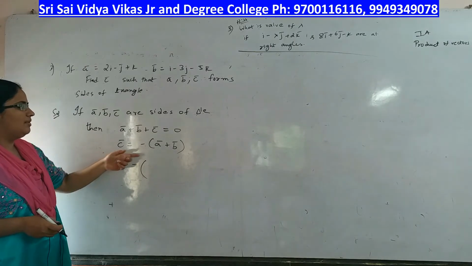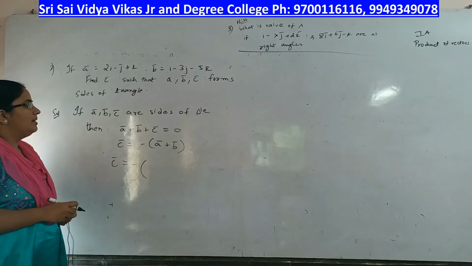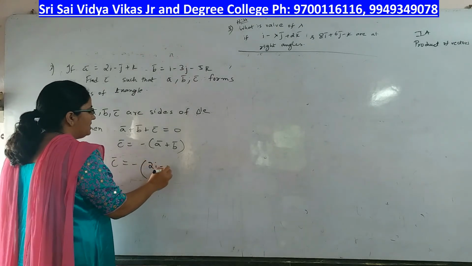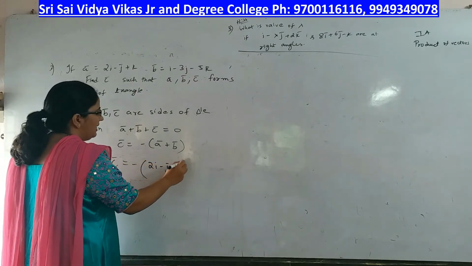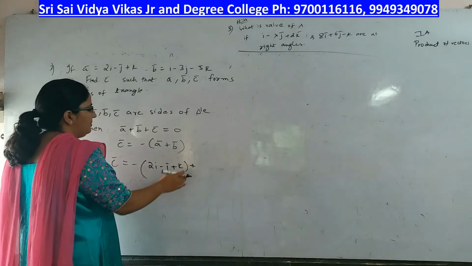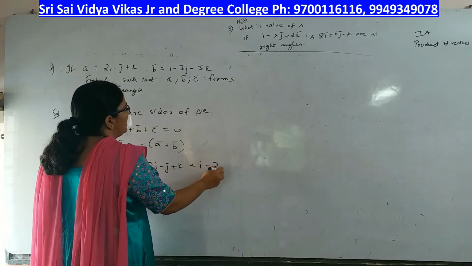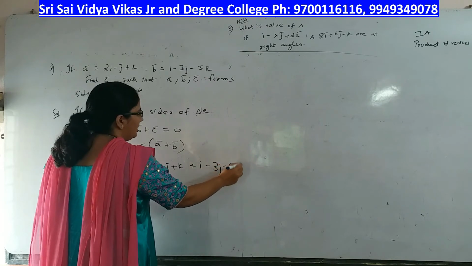Here c bar is equal to minus of (a bar plus b bar), a bar is 2i minus j plus k, plus b bar, i minus 3j minus 5k.